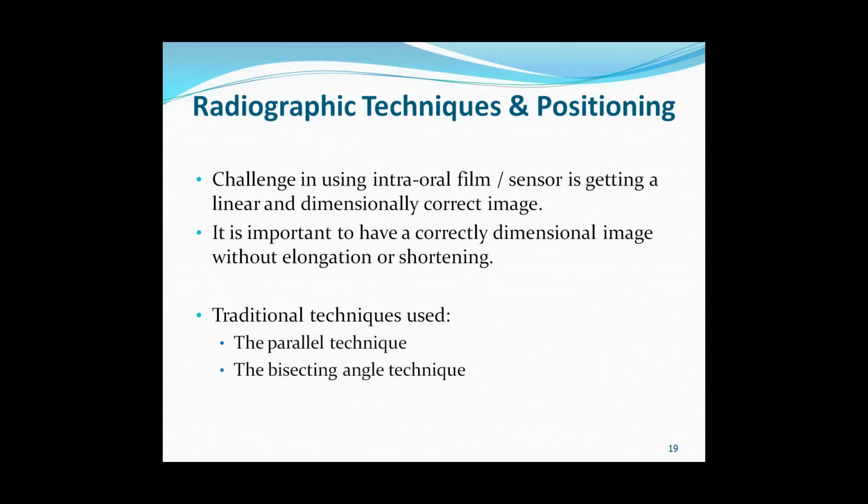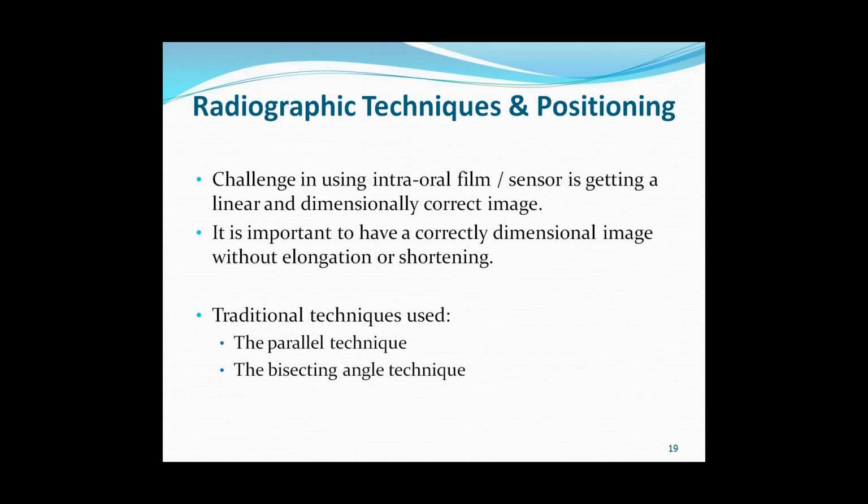So there are some clinical examples of how and why you would take radiographs and what you would expect after you've actually taken the radiograph. The actual technique in taking a radiograph can be either really simple and easy or quite difficult.